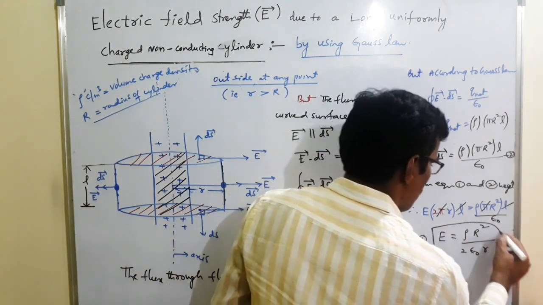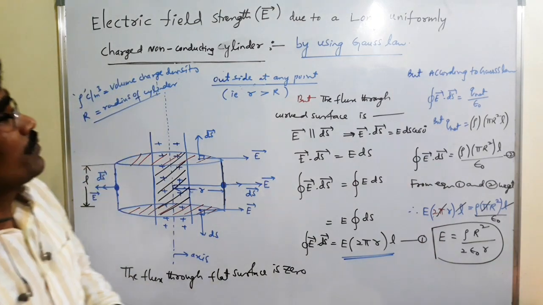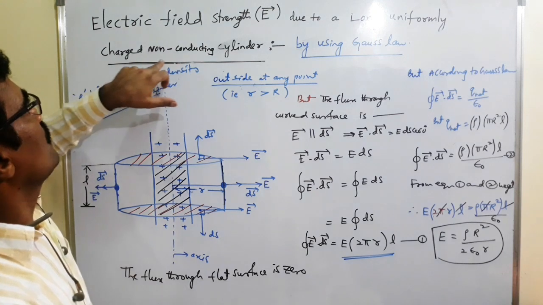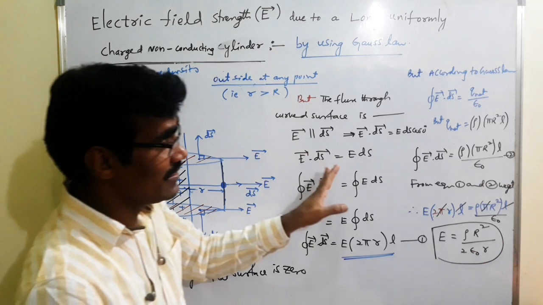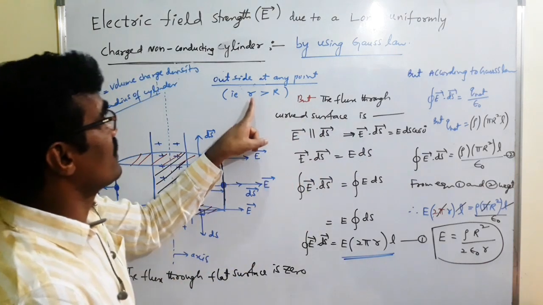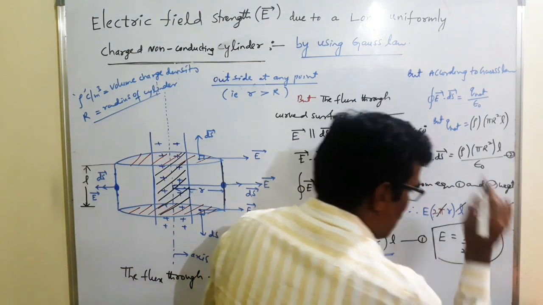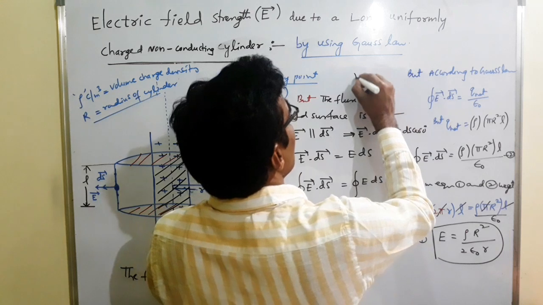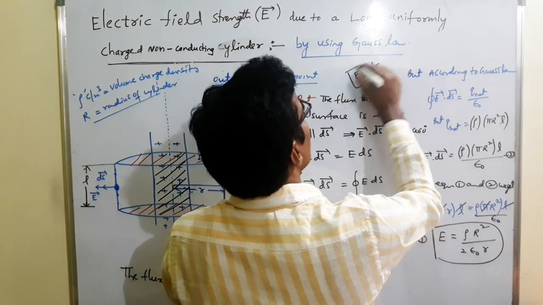This is the field due to a uniformly charged non-conducting cylinder outside, small r greater than capital R. For this case, E is inversely proportional to r.